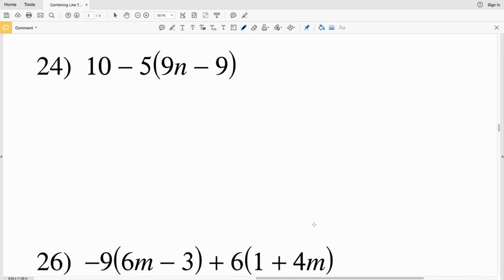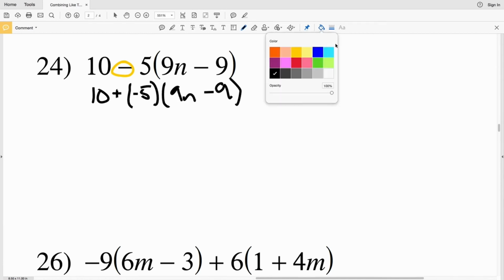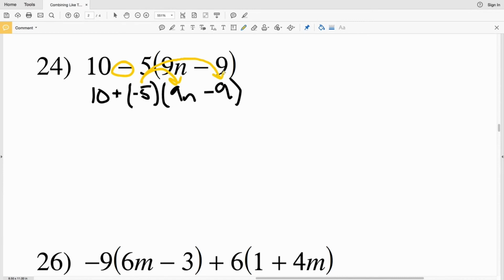Number 24, 10 minus 5 times 9n minus 9. Again, we're subtracting this term. So we're going to rewrite this as 10 plus a negative 5 times 9n minus 9. Then we're going to distribute the negative 5 to the 9n and that negative 5 to the 9.